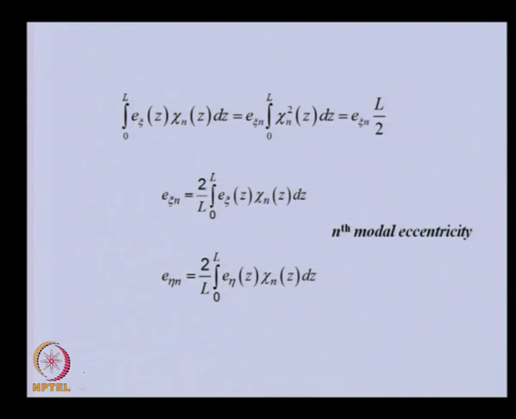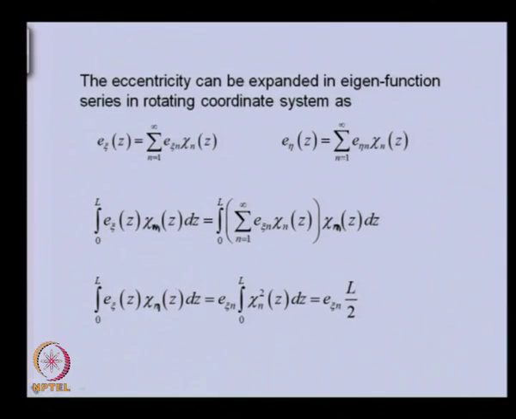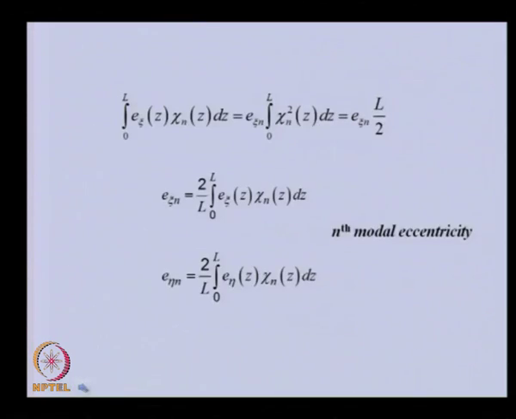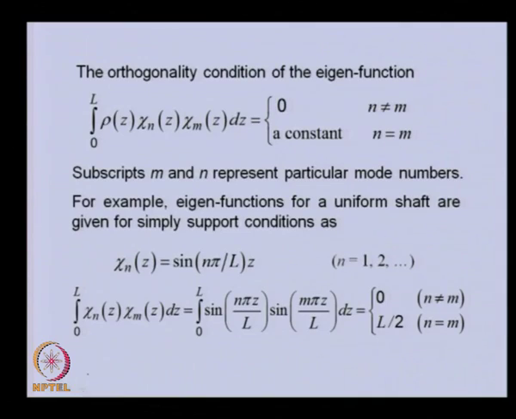Yeah, so this is an extension of the previous slide. Here we applied the orthogonality condition. I will be showing the orthogonality condition for the simply supported rotor case, how we can evaluate this particular integral also. For the simply supported case, this integral becomes L by 2. This is the orthogonality condition in general.